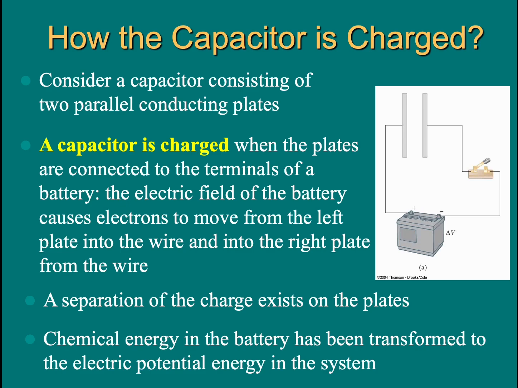Then the plate connected to the positive end of the battery will carry positive charge. The other plate connected to the negative end of the battery will carry negative charge. The separation of charge now exists on the plates, and chemical energy in the battery has been transformed into the electric potential energy of the capacitor.